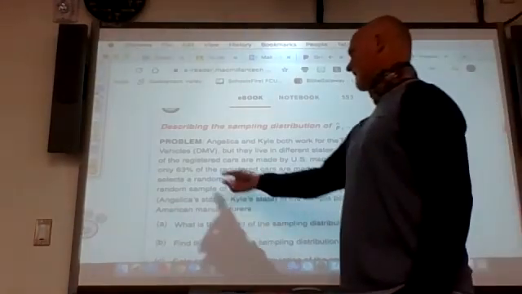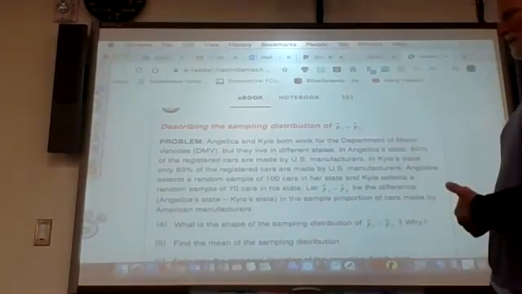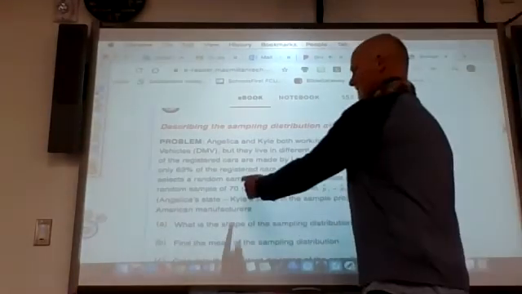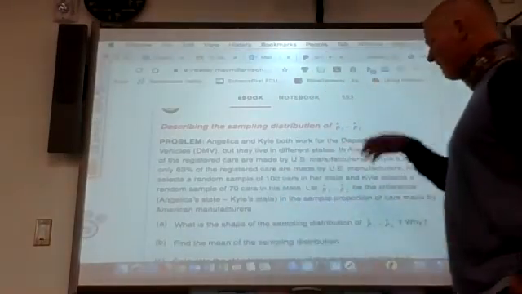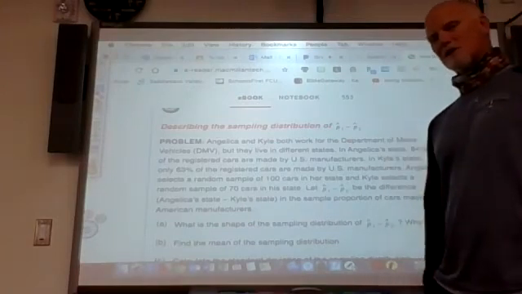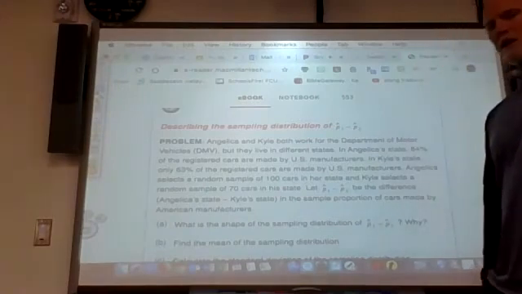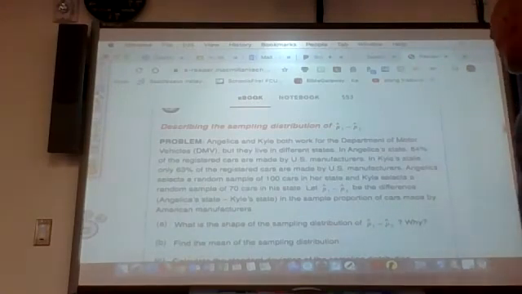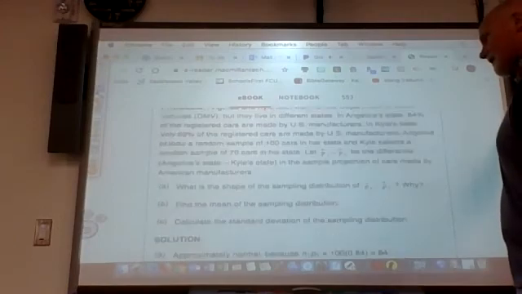For Kyle's state at 63%, both 63% and 37% of 70 are more than 10. So all four of the situations meet the large counts, and you have to have that. And so that's why this would be considered approximately normally distributed, because the large counts are met.